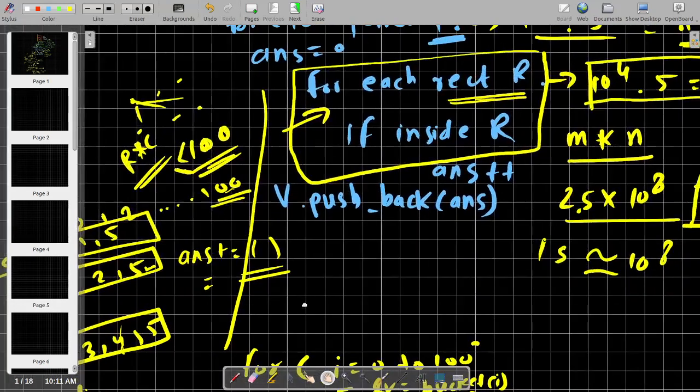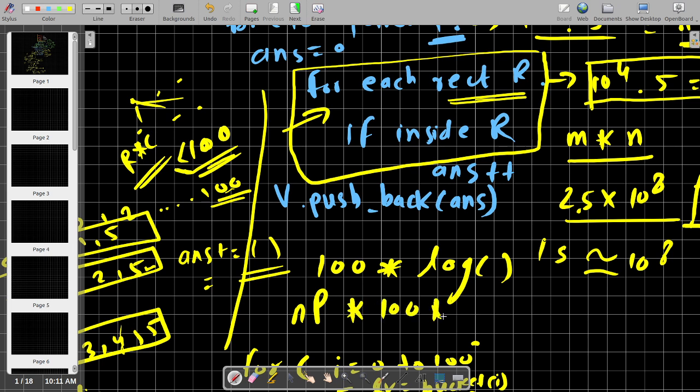So what will be the complexity? For each bucket we are doing this, so let's say at most 100 are there, 100 into some log, correct? So the complexity will be size of points into max of points, let's say 100 into log, and this log can be at most 10 to 4.